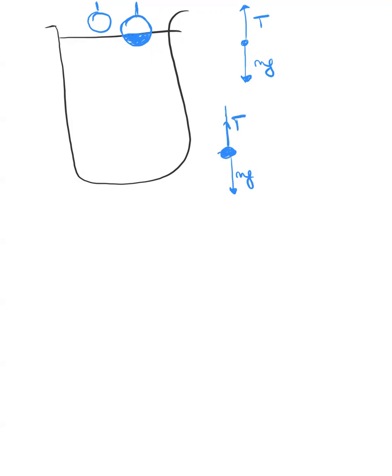And the third force is the buoyant force, which is pointing up. This buoyant force is equal to density of water times volume submerged times g. And let me rewrite this mg as density of the object times volume of the object times g.